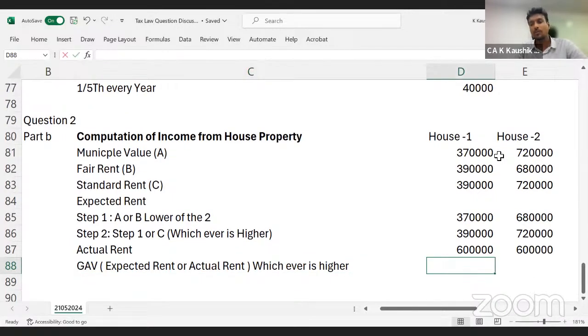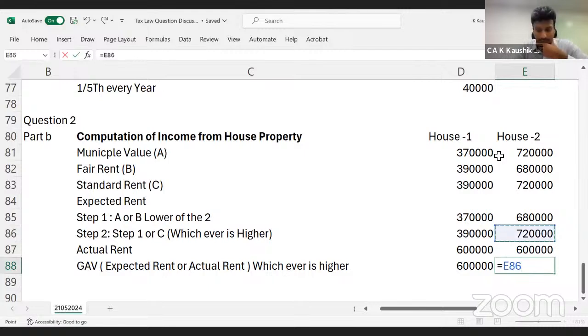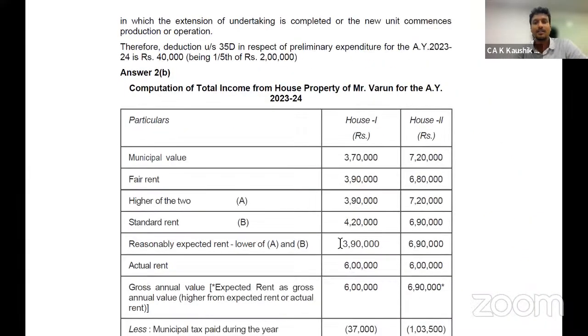So in house number 1, it becomes 6 lakh because though my expected rent is 3,90,000, I am getting 6 lakh. So I should pay tax on whatever I have received. In the second case, though I am receiving only 6 lakhs, I will pay tax on 7,20,000 because my expected rent is 7,20,000. But can I get any exemption here? Let's see.